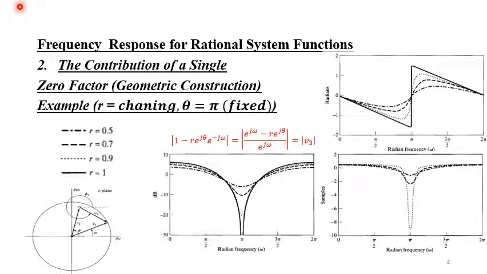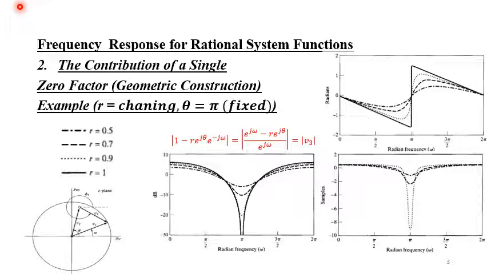Each pole and zero factor can be represented by a vector in the z plane, and you know that the starting point for the pole vector or the zero vector is the position of the pole or the zero. That is where it originates, and it is directed to the point on the unit circle.